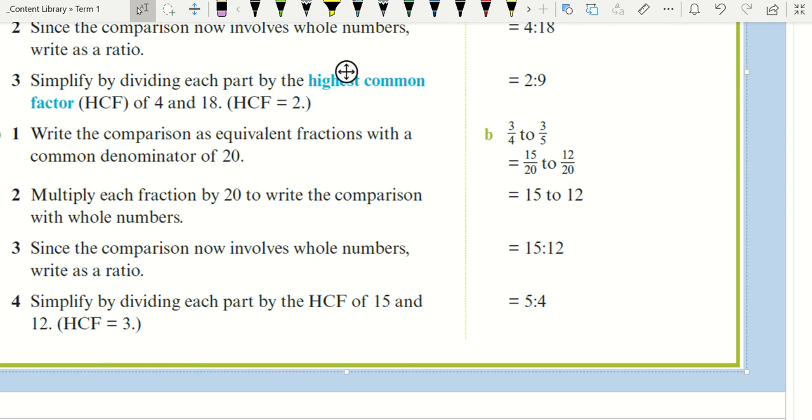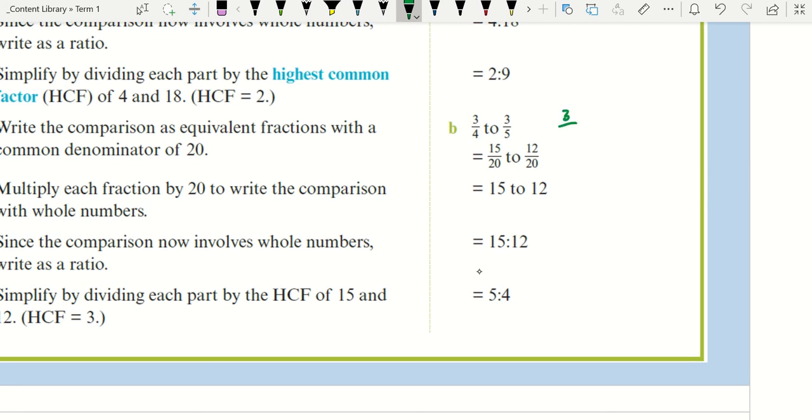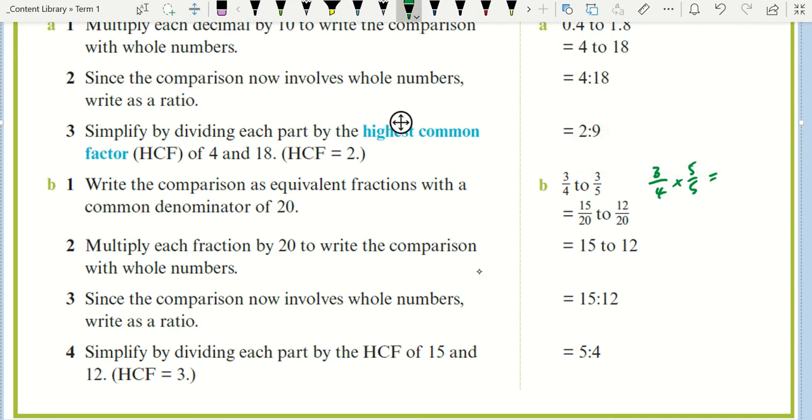So 3/4 times, I said 4 times 5, so 4 times 5 is 20, so 3 times 5 is 15, so I've got 15 over 20. If I'm thinking of the working, 3/4 times 5 over 5 is the same as 15 20ths.